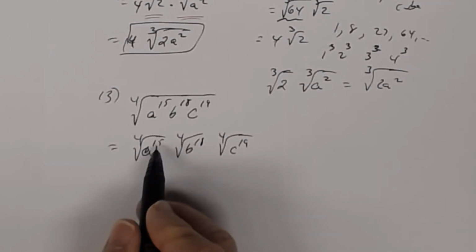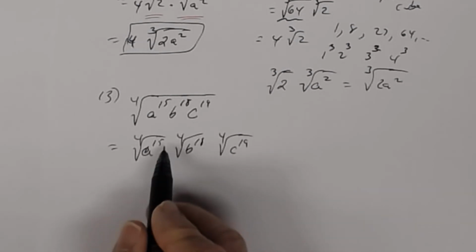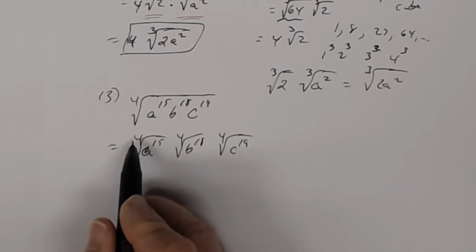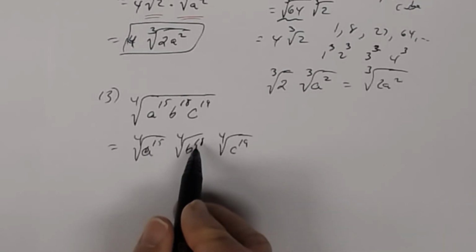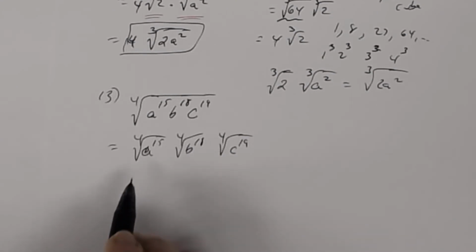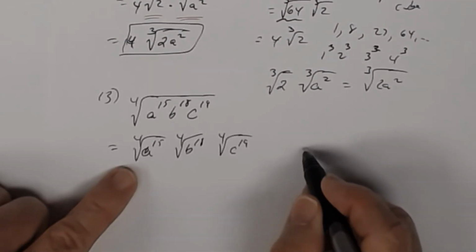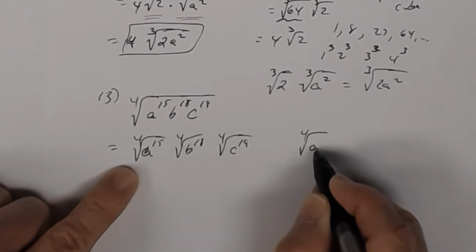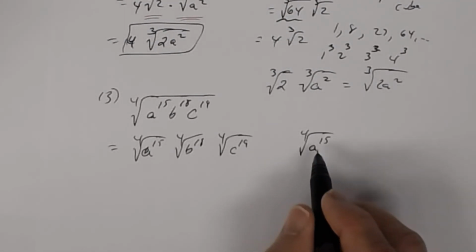So I can simplify each one of those. You see that now because 15 is greater than or equal to 4, 18 is greater than or equal to 4, 19 is greater than or equal to 4. So let's simplify each one. The fourth root of a to the 15th. Don't make this difficult.